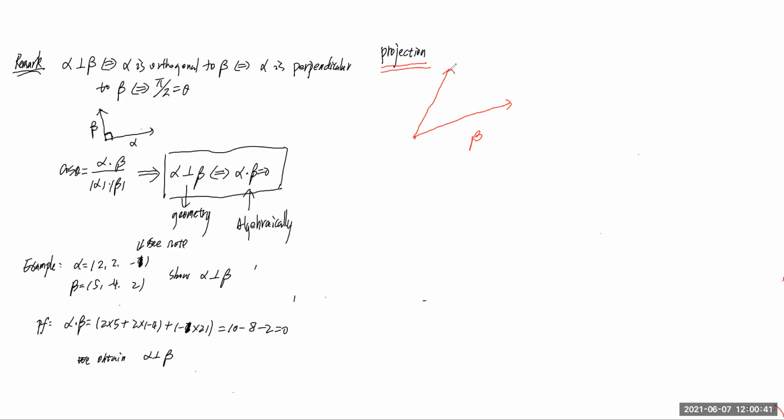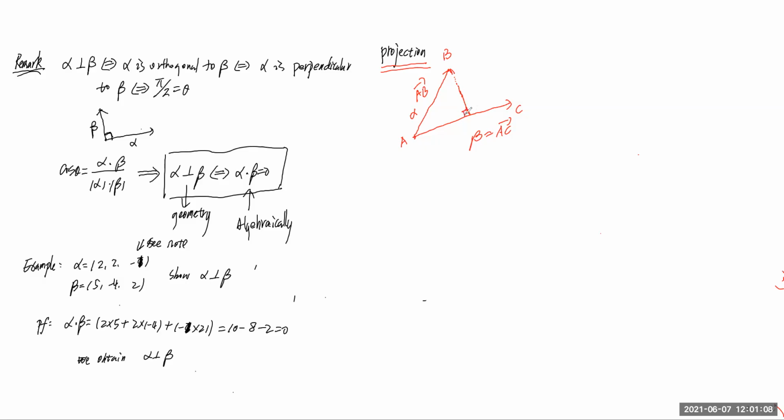You may say this is A, this is B, this is C. We project the vector AB, where alpha to beta, beta is AC. Project this onto AC.